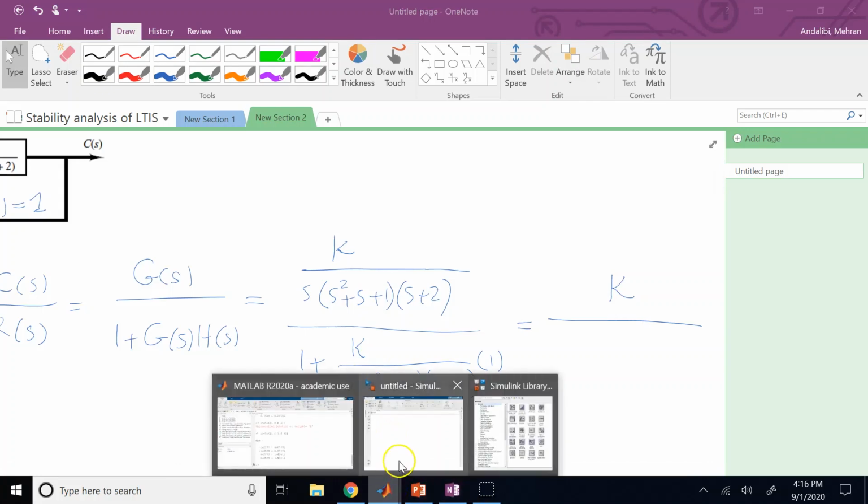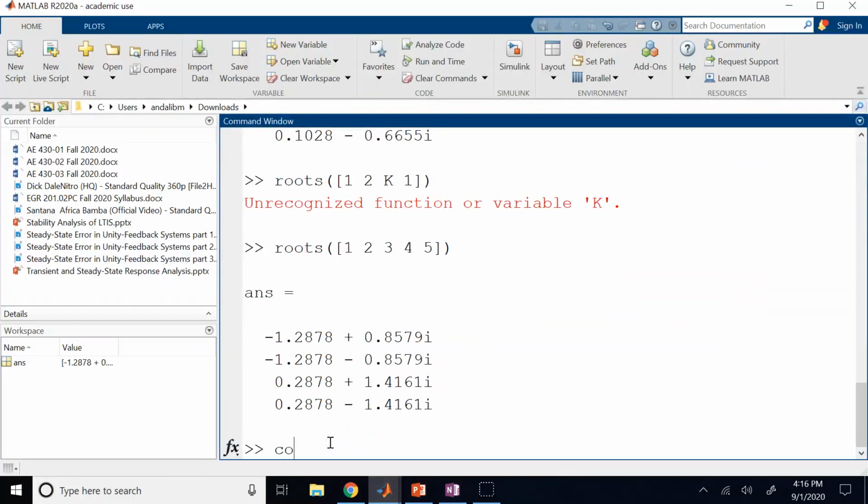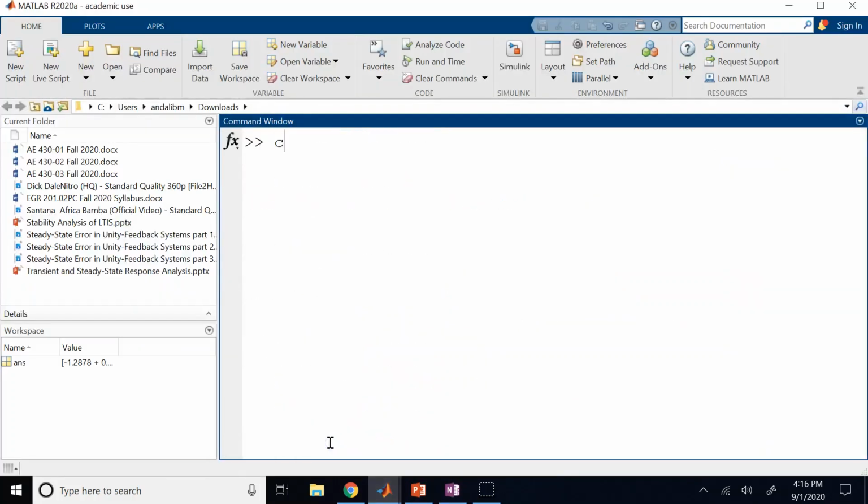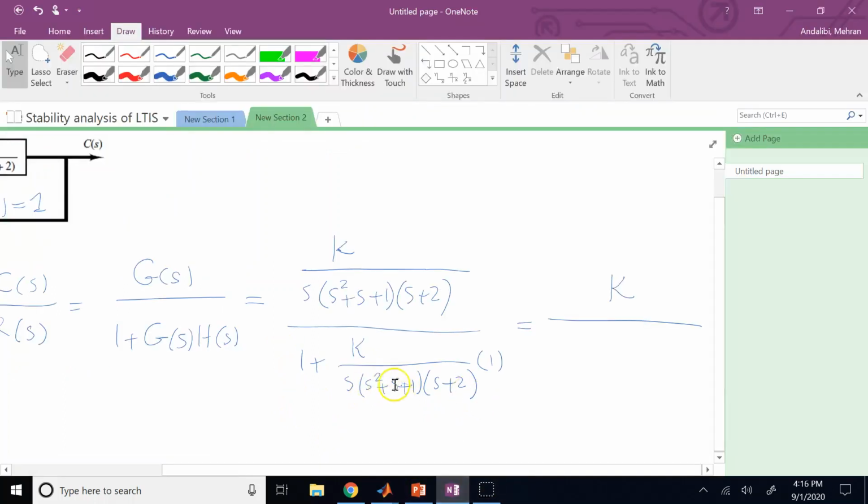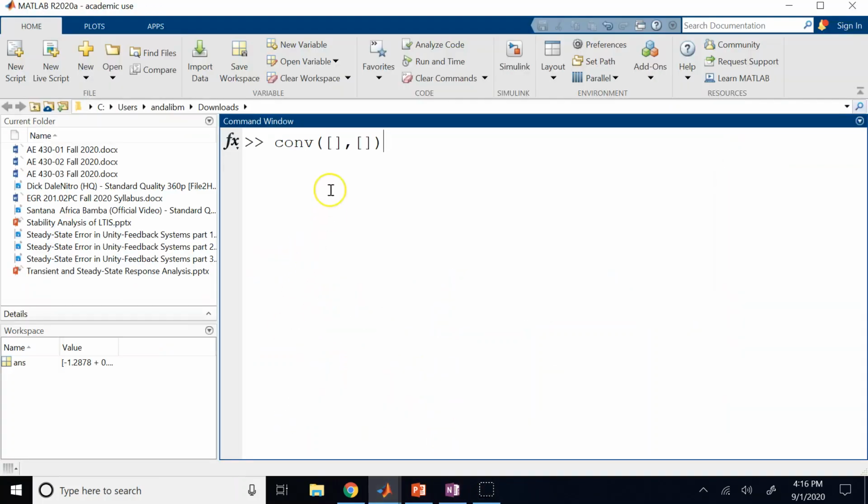So I use the conv command. What is conv of, for one of them, s squared, s, and 1, so 1, 1, 1. That's one of the polynomials.